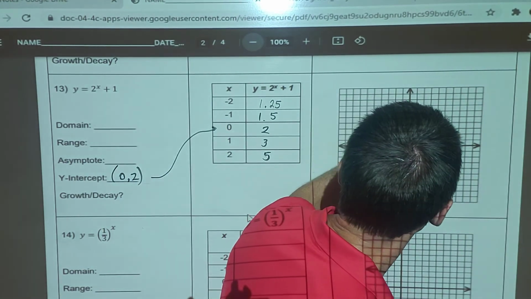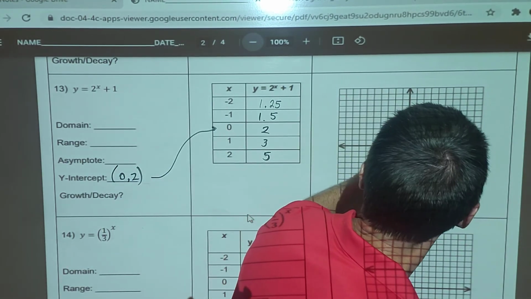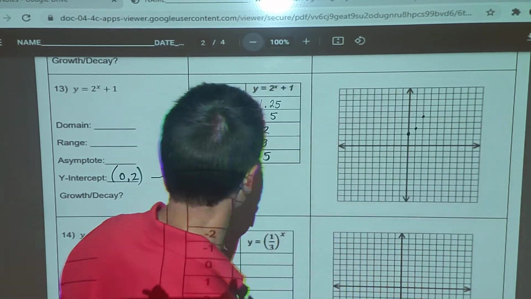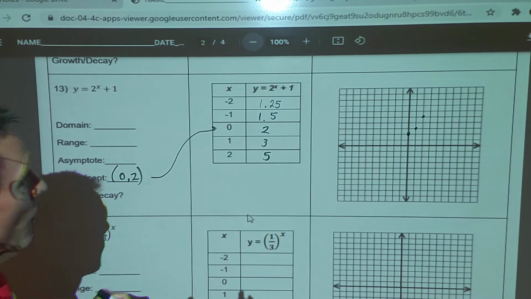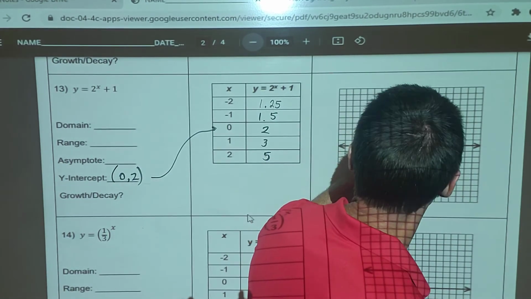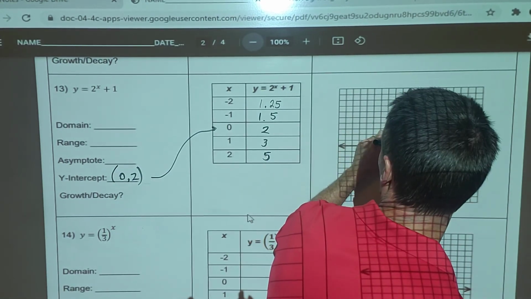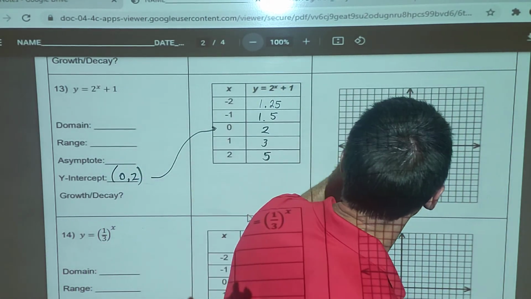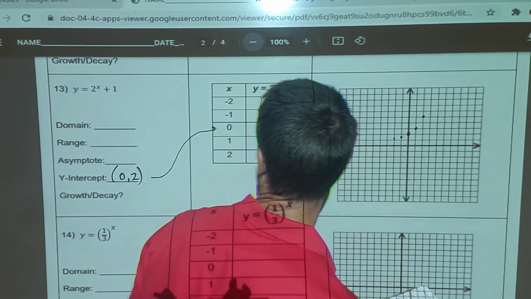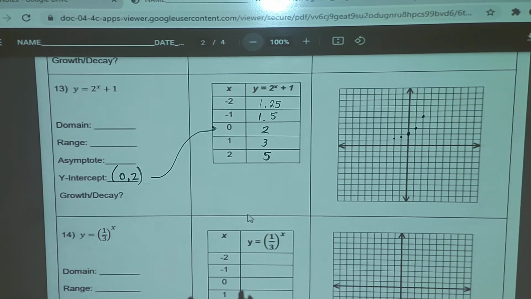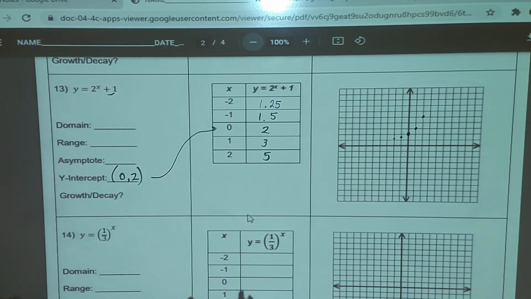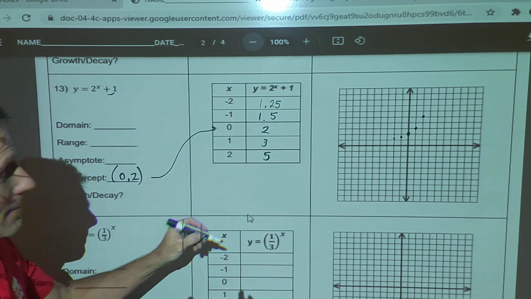Okay, let's get these other points. So over 1 up 3, over 2 up 5, -1, 1.5, -2, 1.25, and as you continue, it's always good to look at the table to see where it's going to go. But this number right there gives me a good tip.